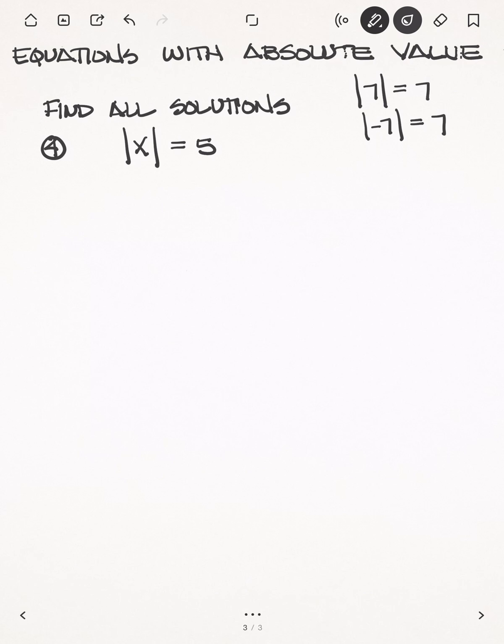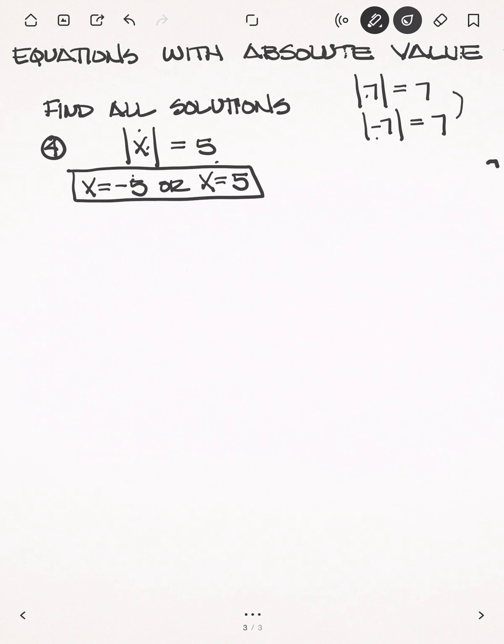If I plugged in negative 5 to this x and I take the absolute value of it, I would get positive 5. Or what happens if I put in positive 5 for x? If I put in a positive 5 right here and I take the absolute value of it, I also get a positive 5. So I actually got 2 answers, and you will get 2 answers most of the time when you take the absolute value of a variable in an equation.